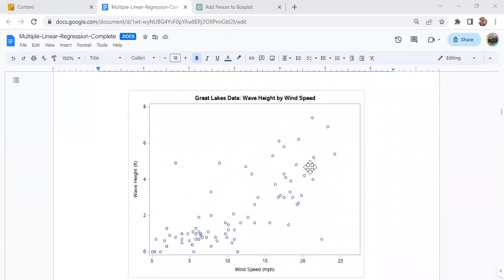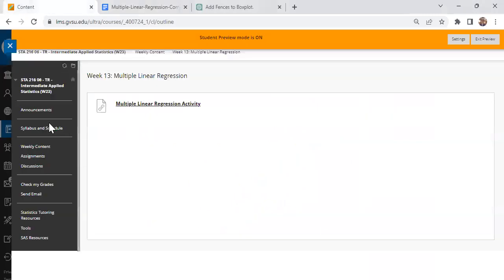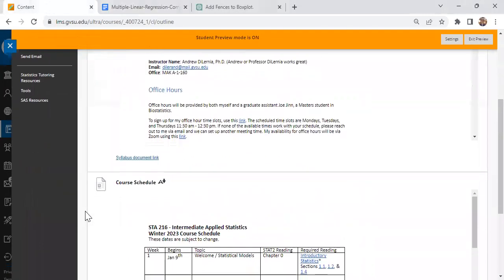And so this is because we have just the 2 variables, wind speed and wave height, that are both quantitative variables. We could model this using simple linear regression, which we've already looked at and talked about, right?